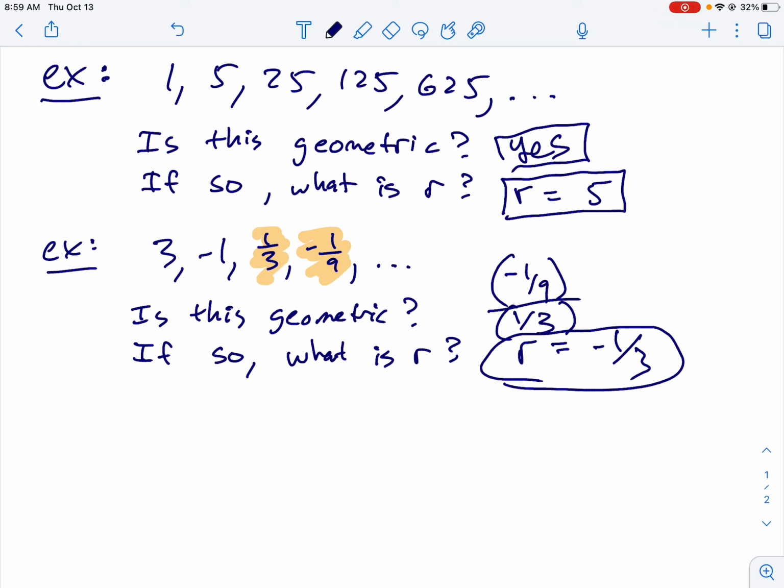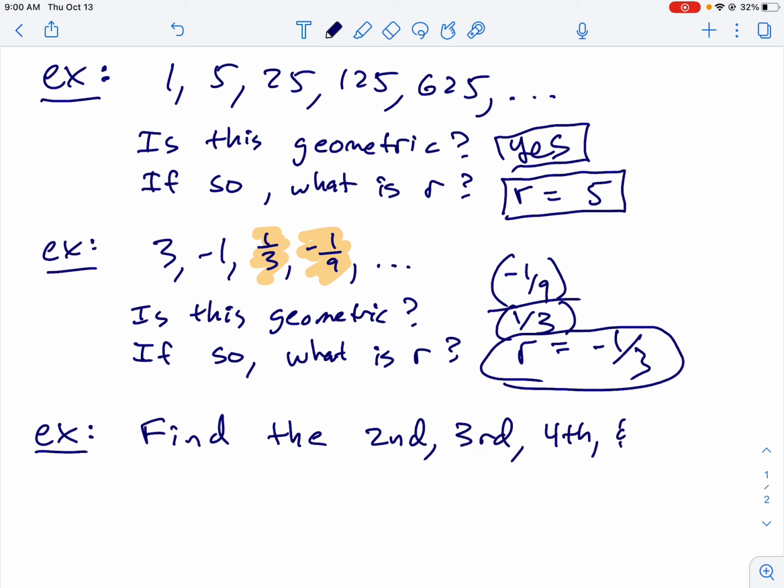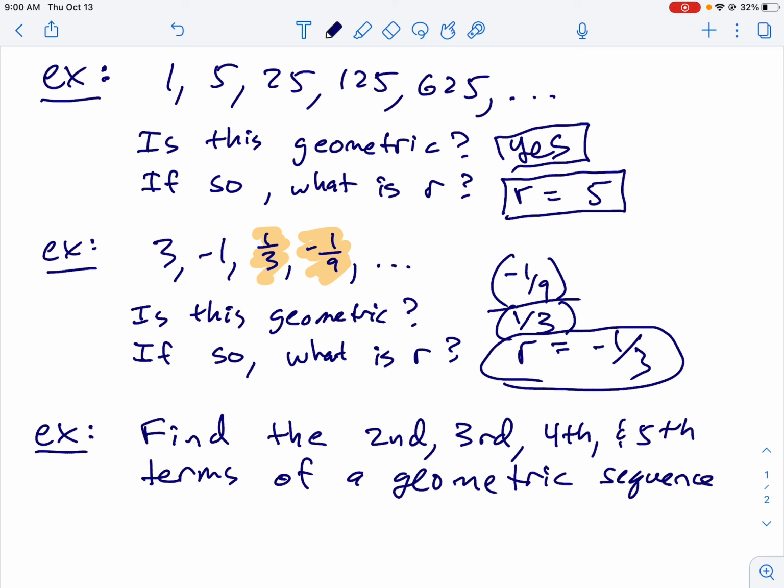Okay. Here's another example for you to try. Find the second, third, fourth, and fifth terms of a geometric sequence with first term of, let's do 2400, and a ratio of 1/4.